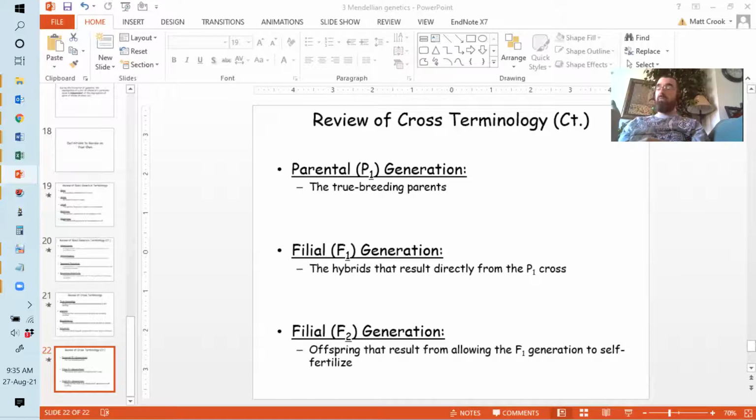One of the powerful things about mono and dihybrid crosses or Mendelian genetics is you can test those assumptions. We always know what we're going to get from a dihybrid cross: 9:3:3:1, always. If we don't, that means one of our assumptions is wrong, and then you can figure out which one it is.